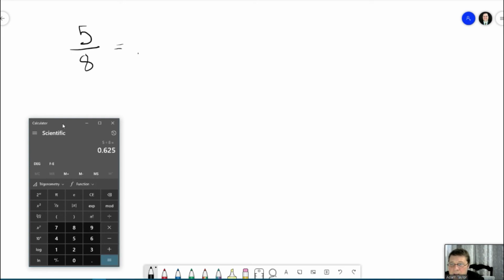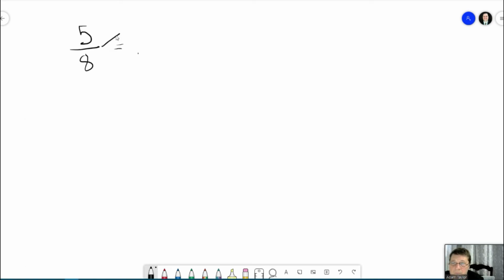When you're converting a common fraction into a decimal fraction, all you need to know is that this line here is a dividing symbol, this is your numerator, this is your denominator.